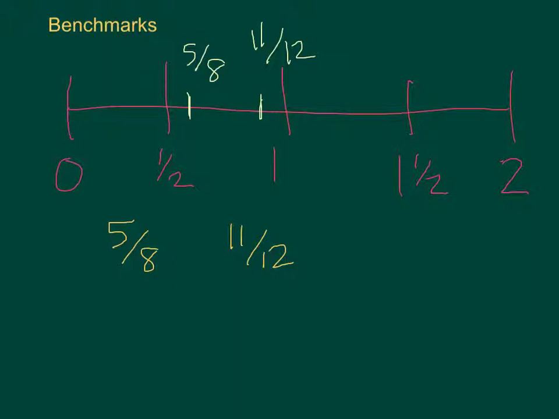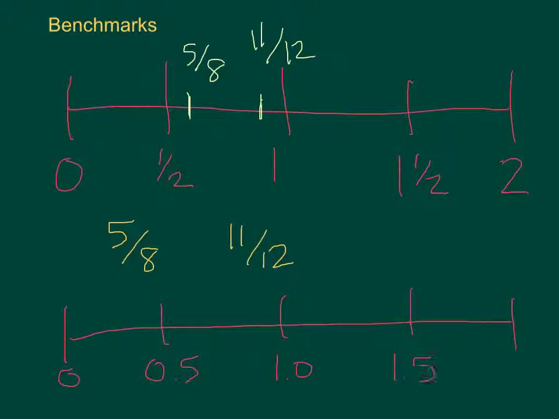On the same note, if you had numbers with decimals, you would use benchmarks using decimals. I'm going to choose the same numbers, but write them in decimal form. I know that 1/2 as a decimal is 0.5, 1 as a decimal is 1.0, 1 and 1/2 is 1.5, and then 2.0.